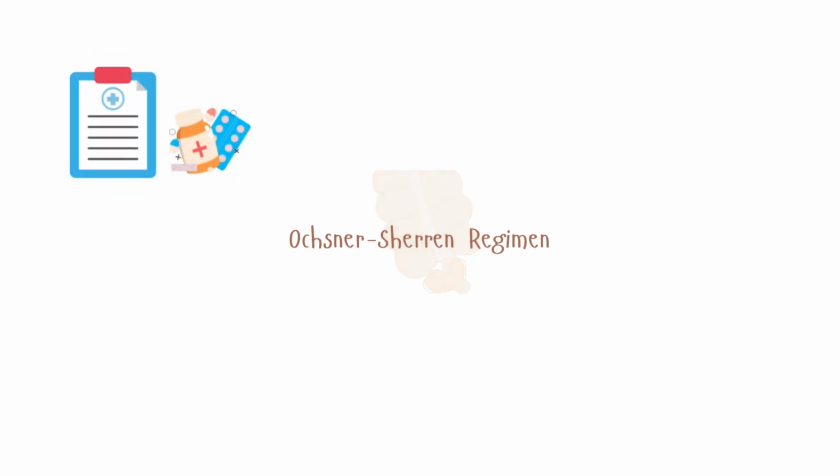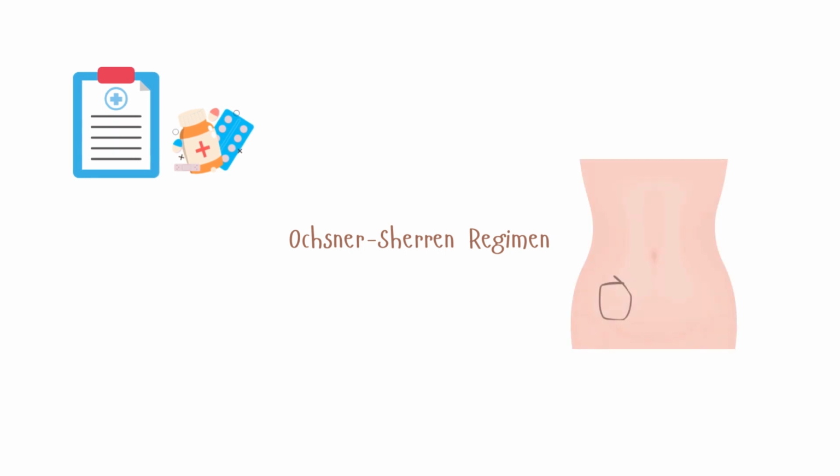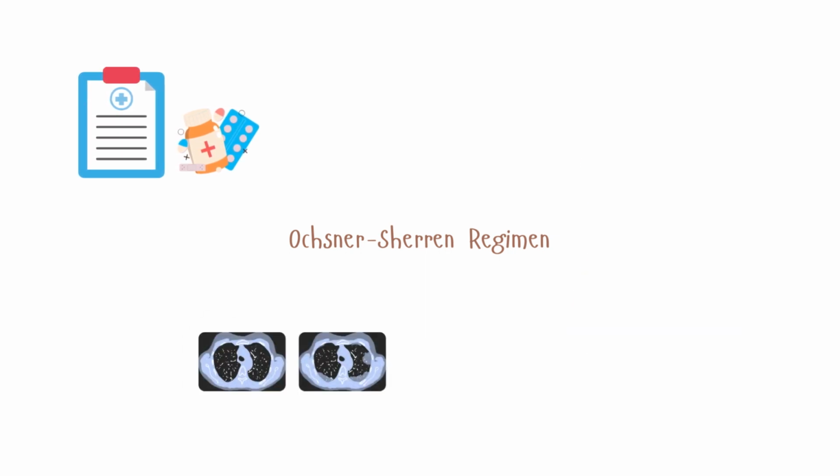If an appendix mass is present and the condition of the patient is satisfactory, the standard treatment is the conservative Ochsner-Sherren regimen, the basis of which is that the inflammatory process is already localized and that unplanned surgery is difficult and may be dangerous. It is helpful to mark the limits of the mass on the abdominal wall using a skin pencil. A contrast CT examination of the abdomen should be performed and antibiotic therapy should be started.